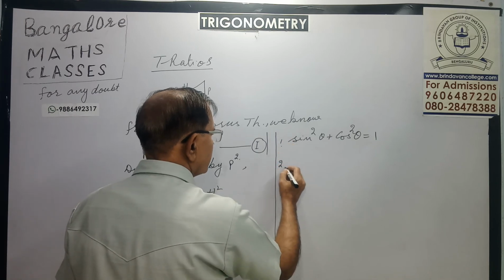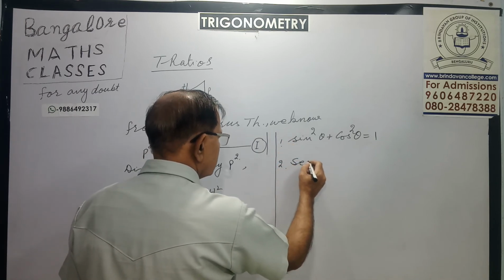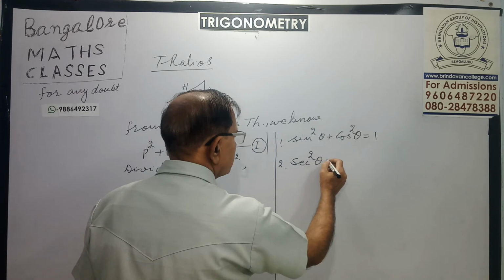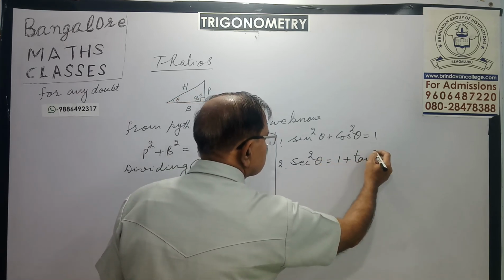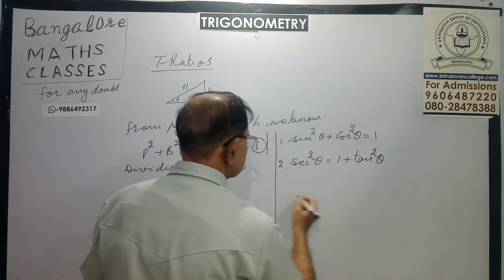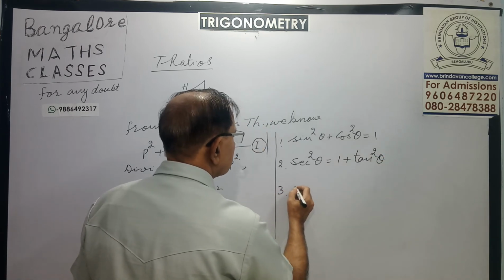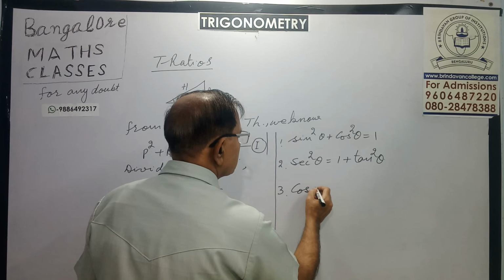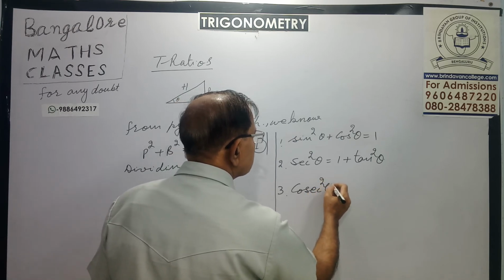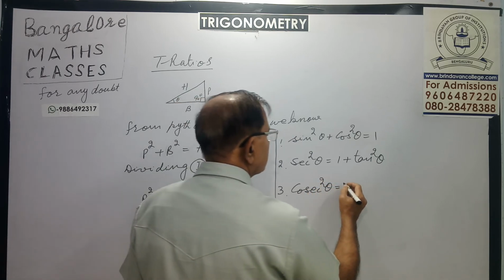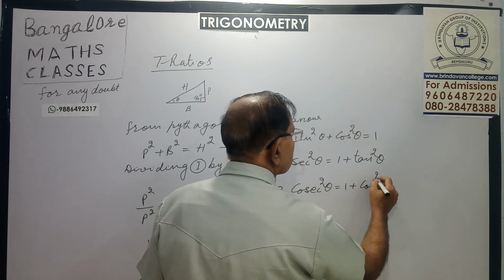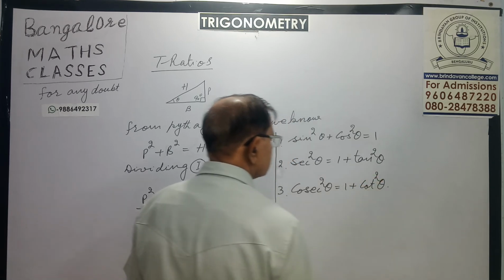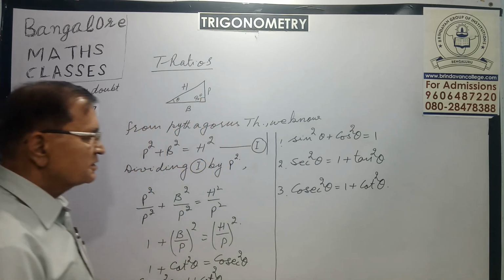Second, secant square theta equals 1 plus tan square theta. Third, cosecant square theta equals 1 plus cot square theta. So these are the 3 identities.